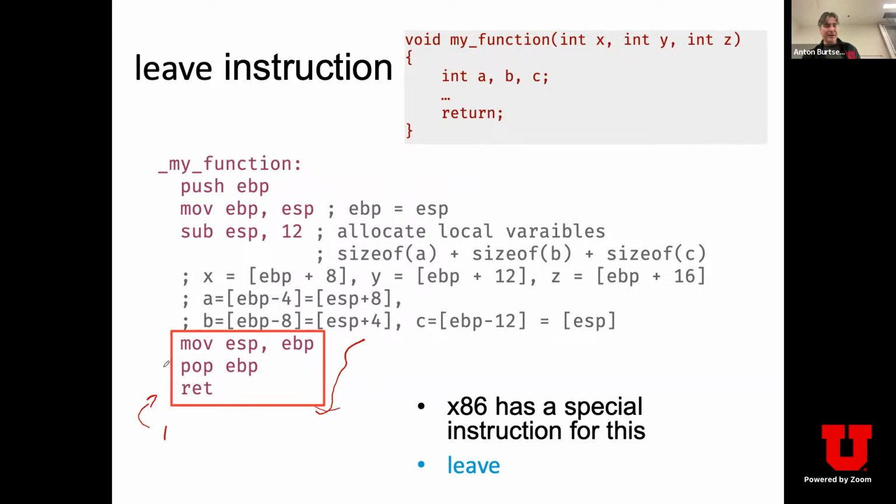If this is 1 byte, this is probably 1 byte, and this is 1 byte, the whole 3 bytes we can encode in one leave instruction, which will save 2 bytes in the program encoding. And maybe we will be able to optimize in silicon. So they introduced this specific leave instruction, which does specifically this sequence of code, very specialized.